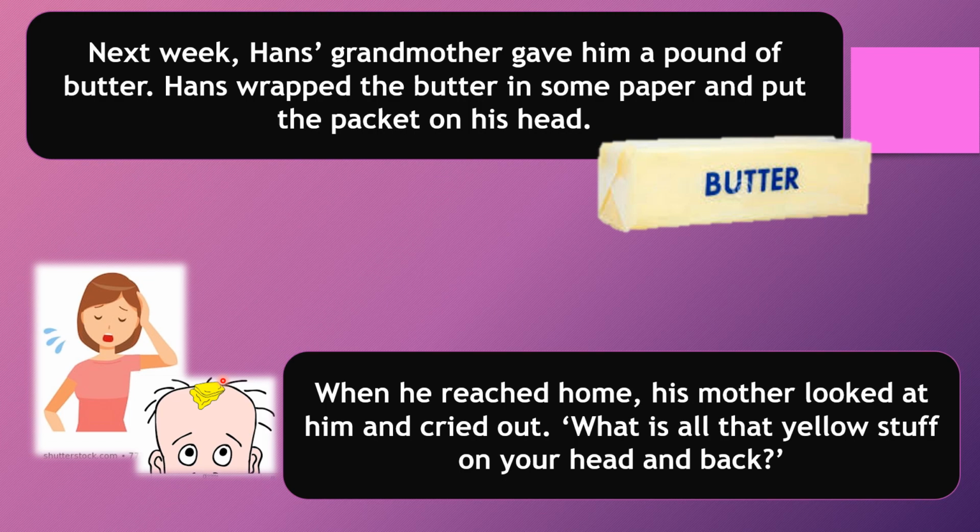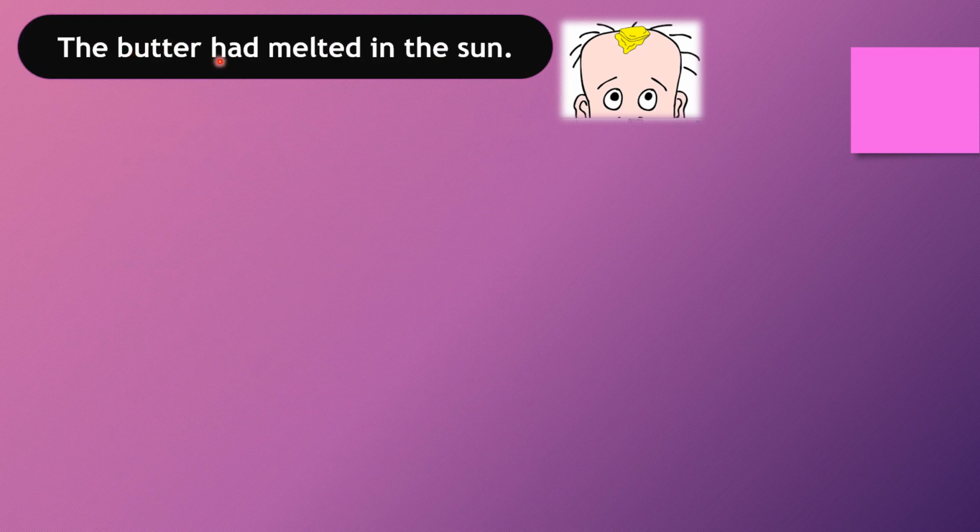Looking at his condition, his mother cries out loudly, "What is that, Hans? What have you done?" The butter had melted in the sun. "You are a foolish boy," said his mother. Once again, Hans gets scolded by his mother, who says that he is a foolish boy.